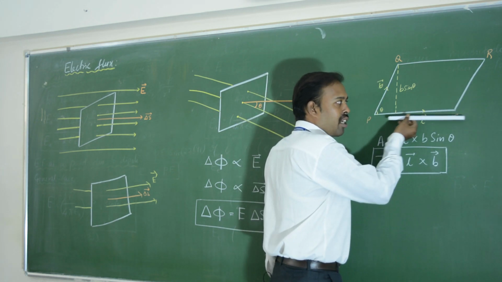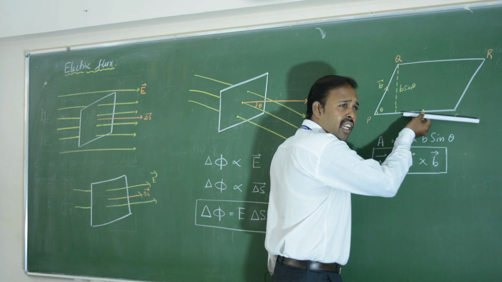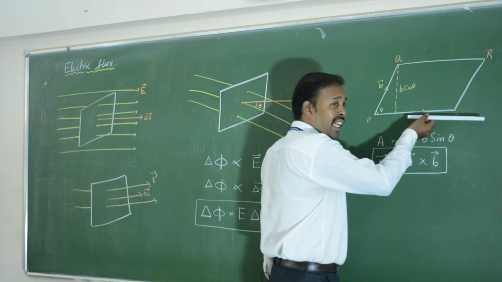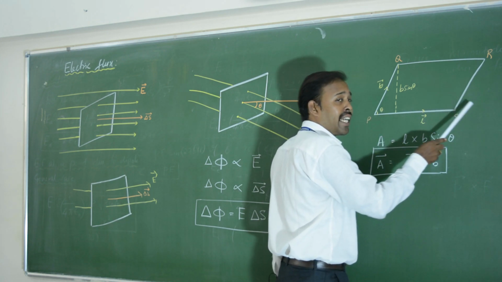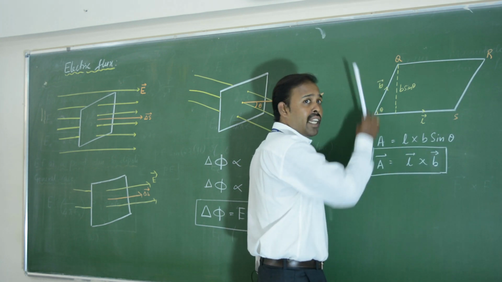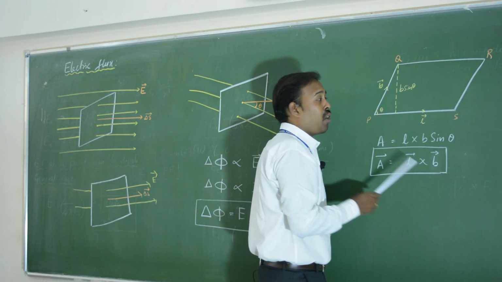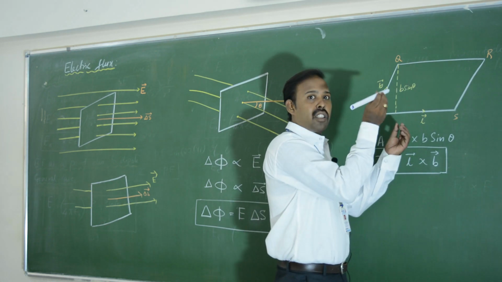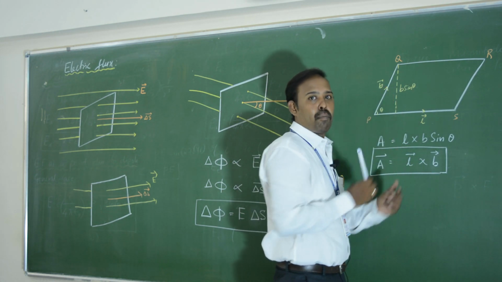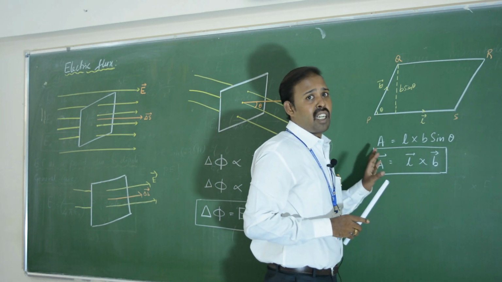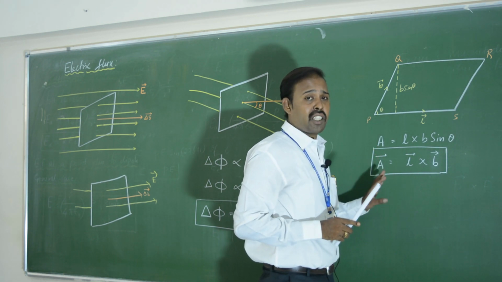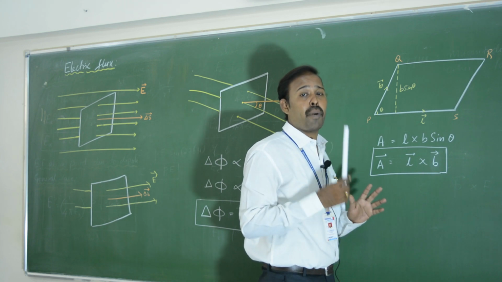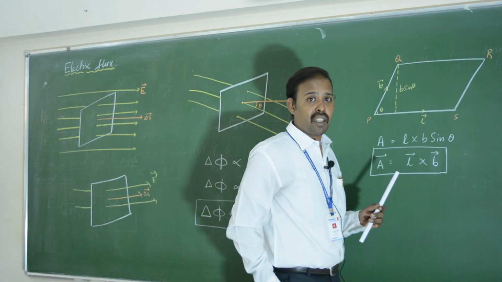The unit vector along L, the x-axis, is i cap, and along B it is j cap. And the direction of this area will be perpendicular, normal to this surface, that is k cap. So remember this: the direction of the area vector will always be perpendicular or normal to a given surface.